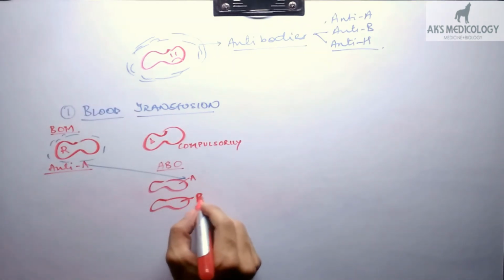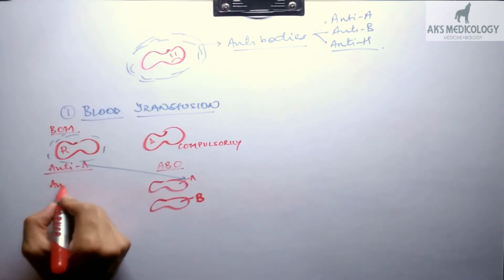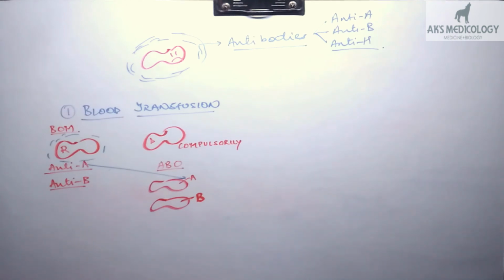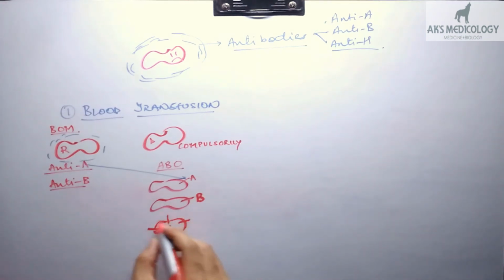Similarly, if blood group B is infused with antigen B over the surface of RBC, anti-B antibodies would react. And even the blood group O, considered the universal donor, which lacks both A and B antigens but possesses a large amount of H antigens.